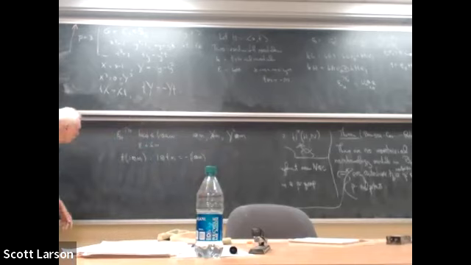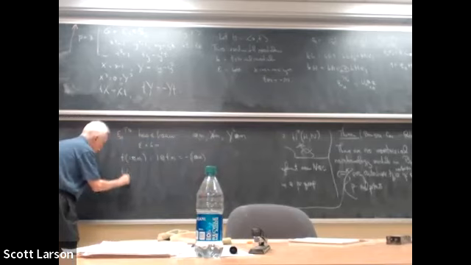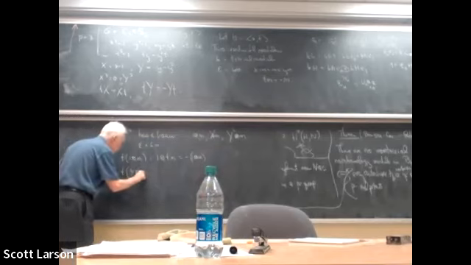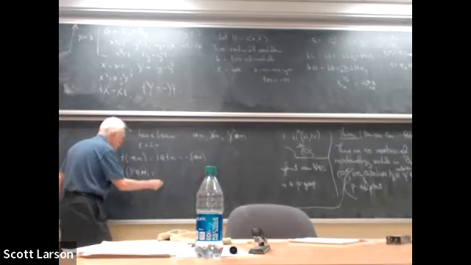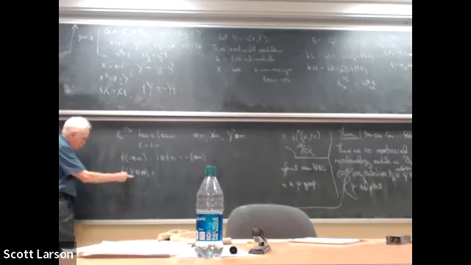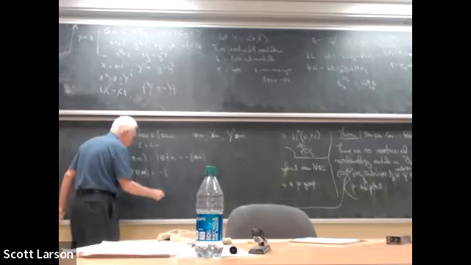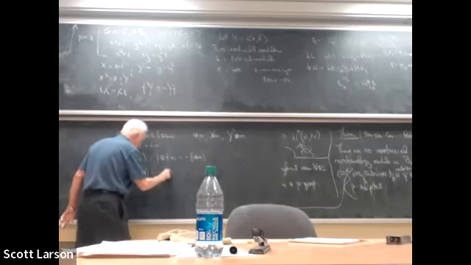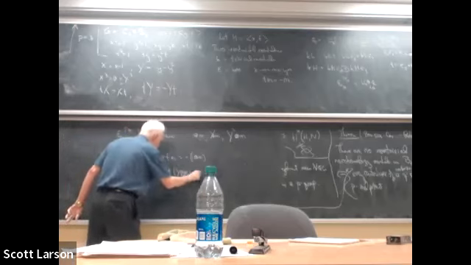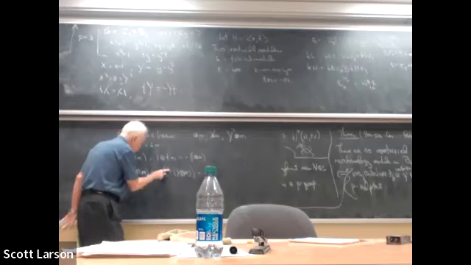Okay. And T times Y tensor m: if I pull the T past the Y, I get a minus sign. I'm sorry, I need to pull the T past the Y. I didn't do that right.